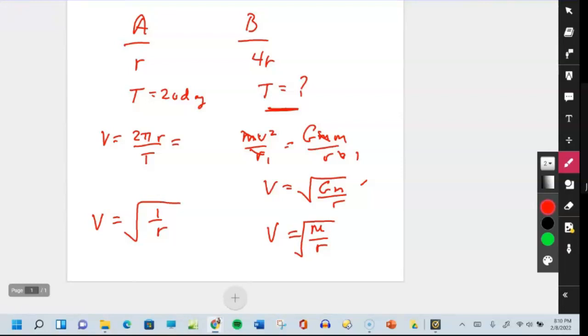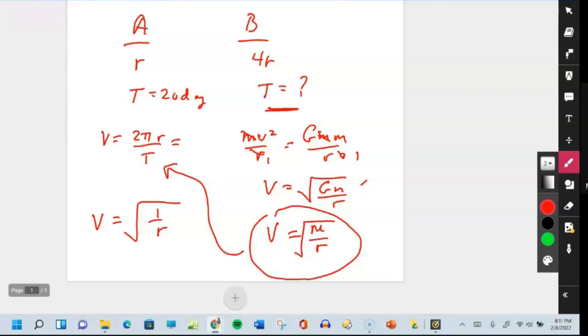I think you have to set both of the V equations equal to each other. The 2 pi r over t and the radical GM over r. Yeah, but what I was so puzzled by is I thought I could find the change in V, and then go up here and find the change of T.